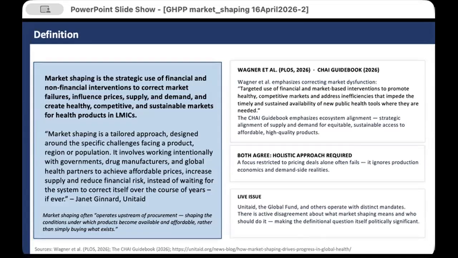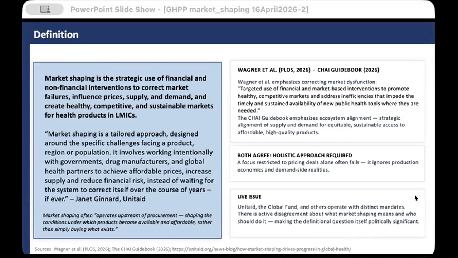So as Liza said, there are a number of different definitions out there for market shaping. My favorite is the one in bold. Market shaping is the strategic use of financial and non-financial interventions to correct market failures, influence prices, supply and demand, and create healthy, competitive, and sustainable markets for health products in LMICs.